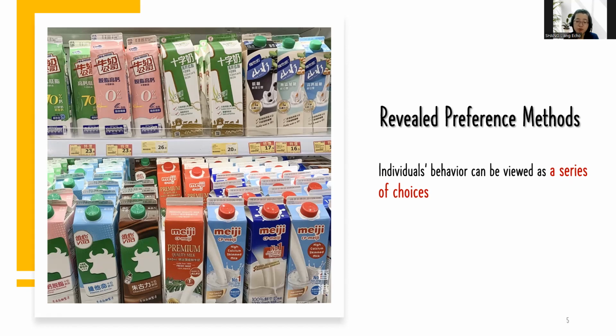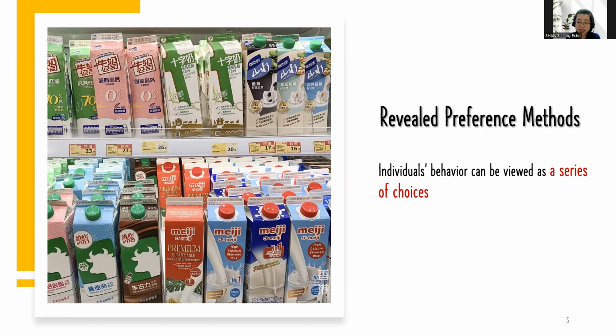So using this approach, we can view individuals' behavior as a series of choices. To answer this question, we can use administrative data, sales records, which capture the real purchasing decisions of individuals to help us understand their preferences when they purchase a dairy product.